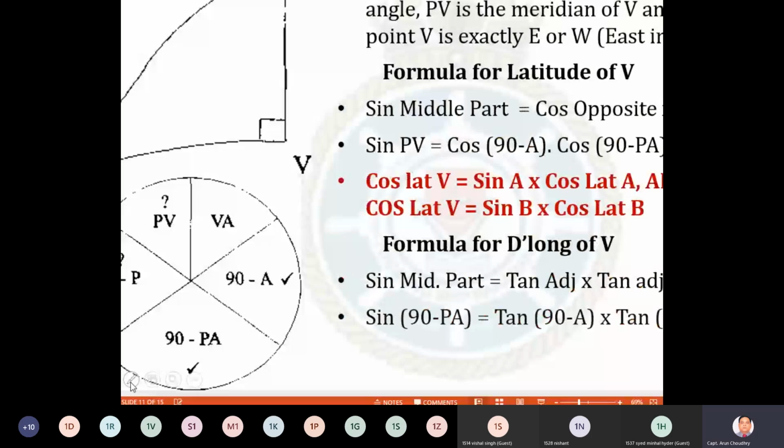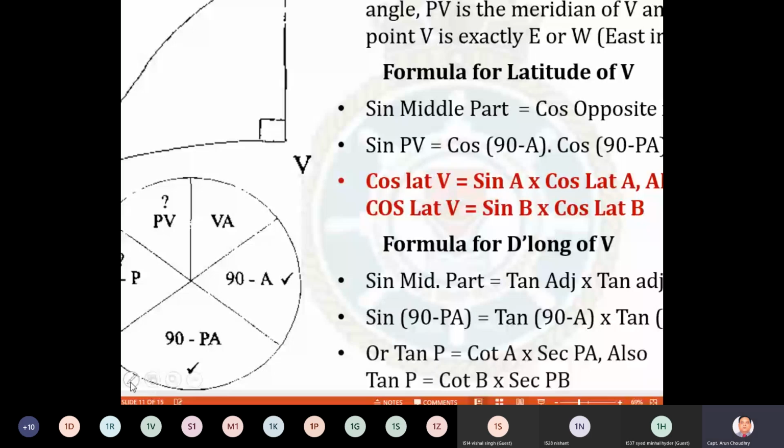You are able to see the screen, no? Yes, sir. Okay. Now you see what those formulas mean.